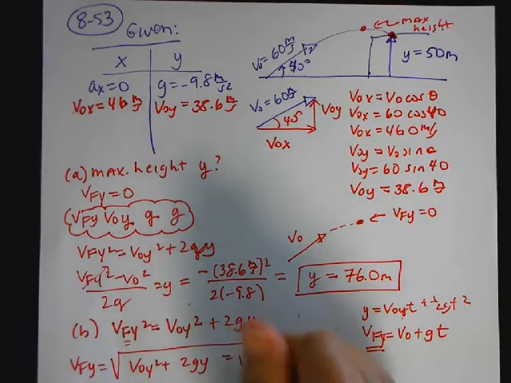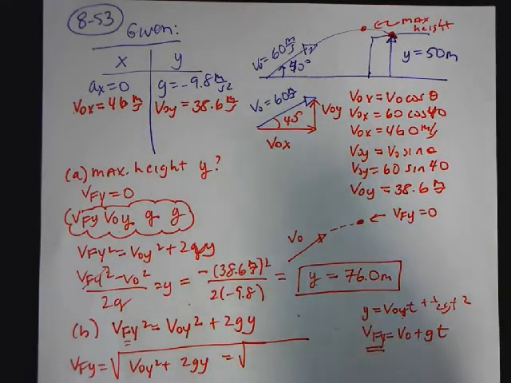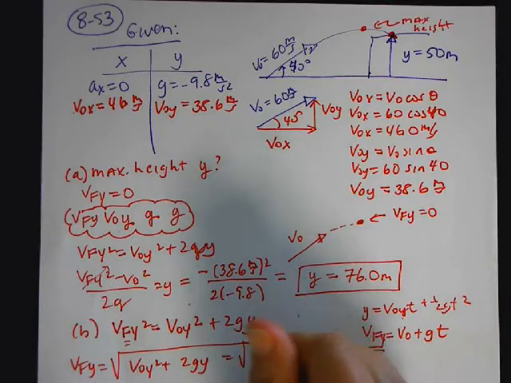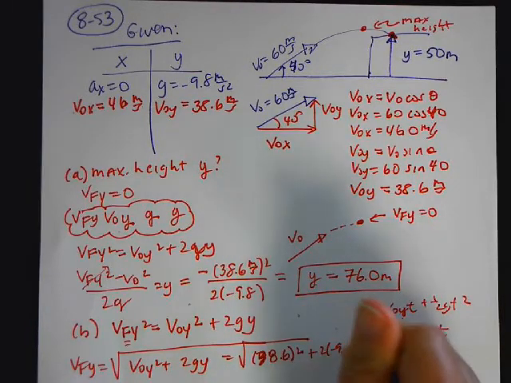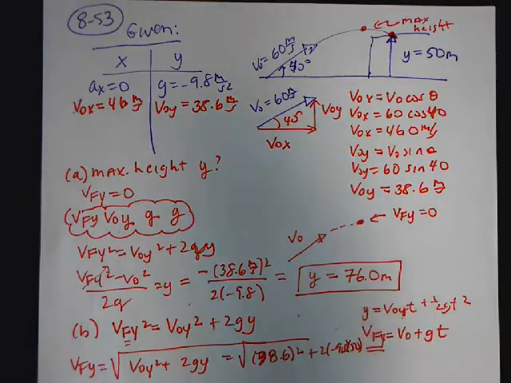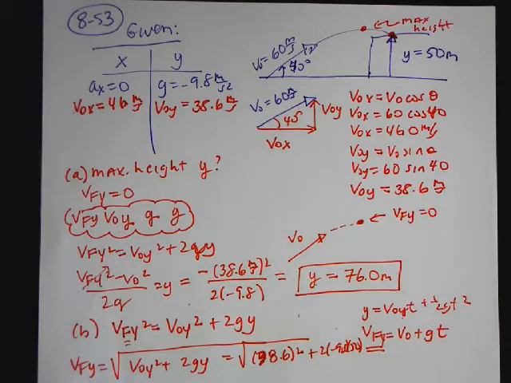So that's equal to the square root of 38.6 squared plus 2 times negative 9.8 times 50. Okay. So now when I do this, let me put up my calculator. 50 times 9.8.